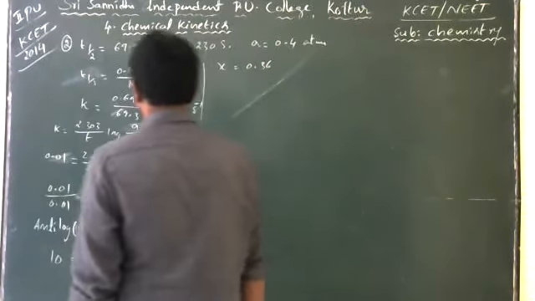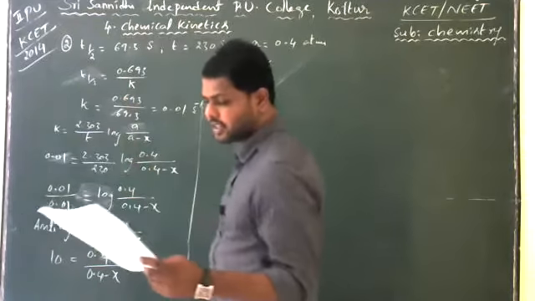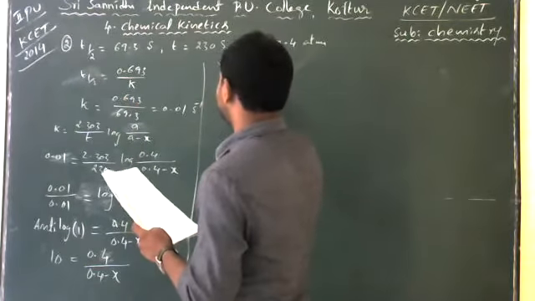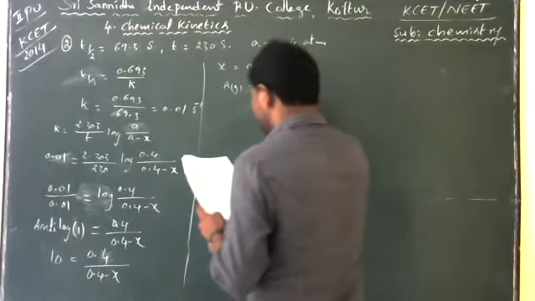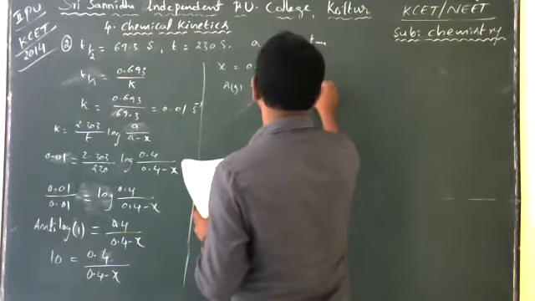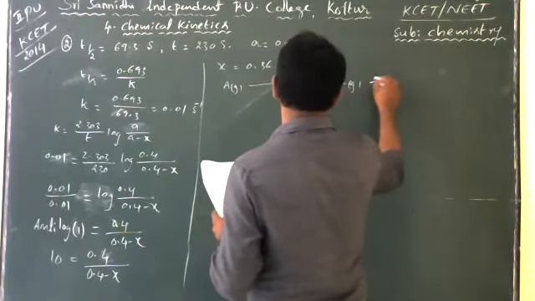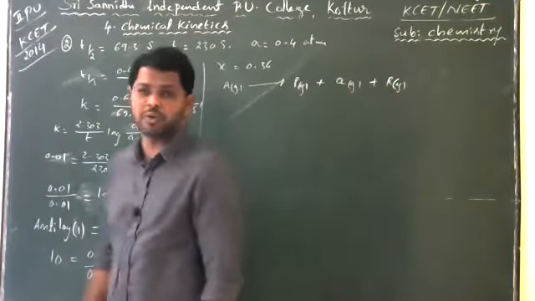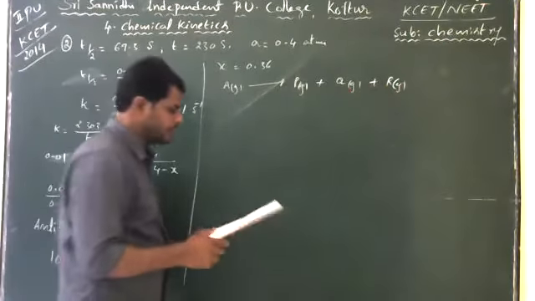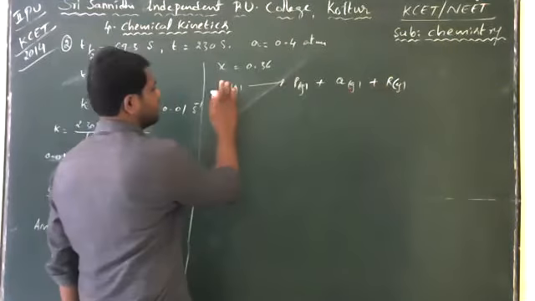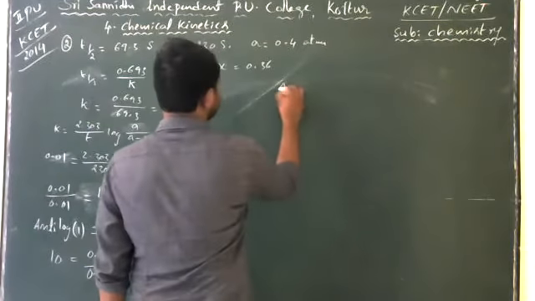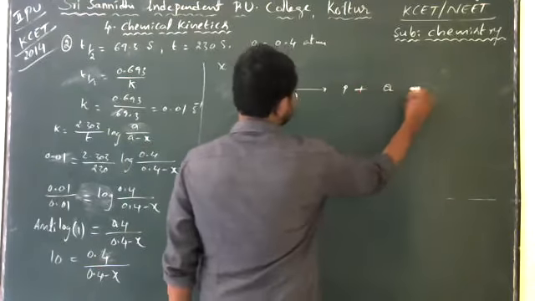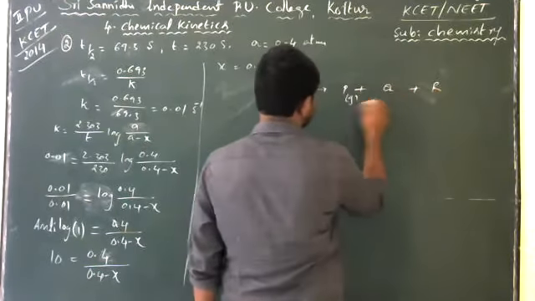Then see, in the question the equation is given: A gas gives rise to P gas plus Q gas plus R gas, which is the reaction.